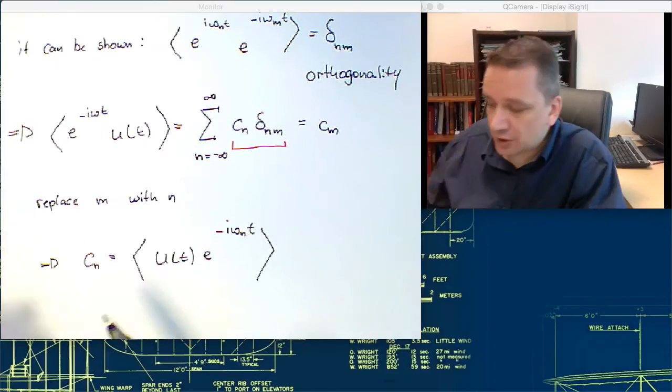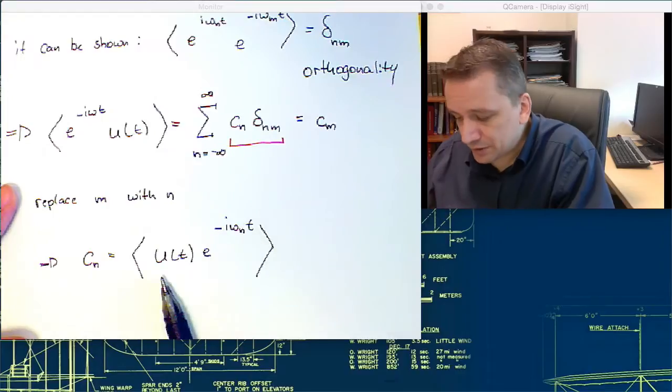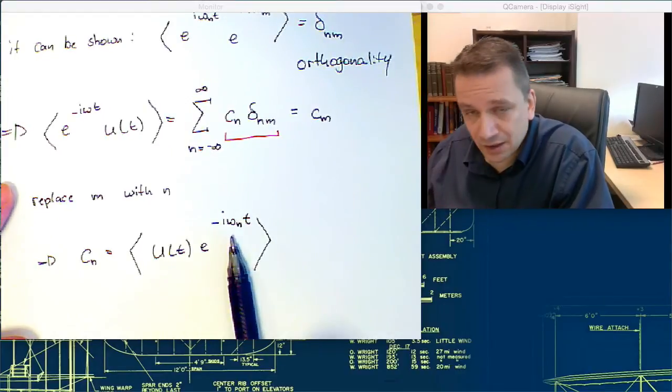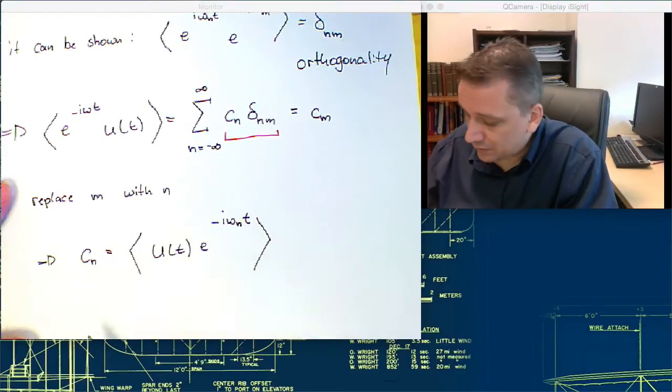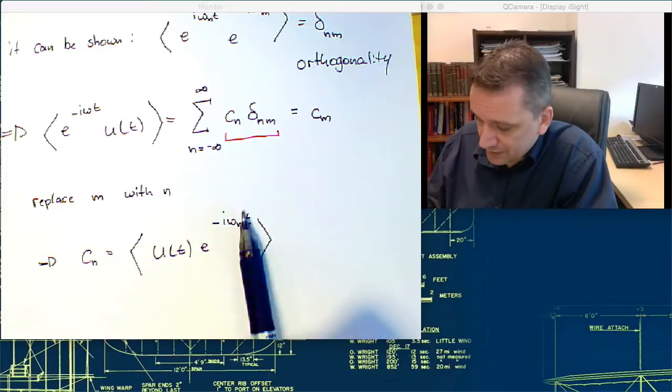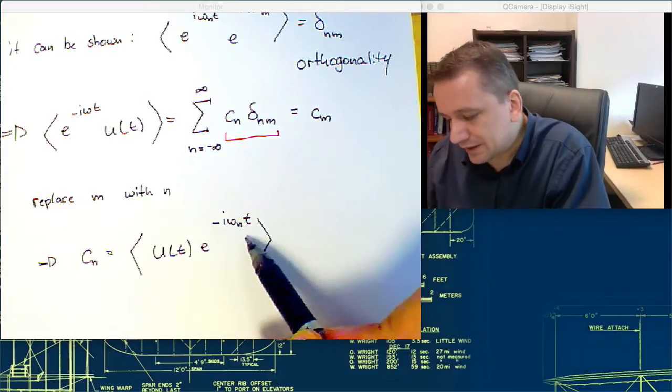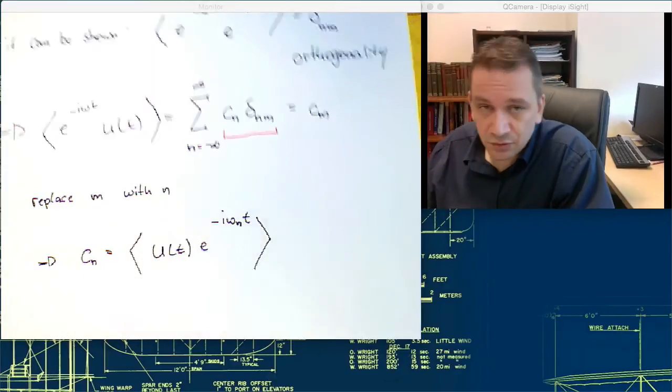So I can calculate now my coefficients with this formula. I have my original signal, I multiply that with that corresponding frequency and do a time average out of it.